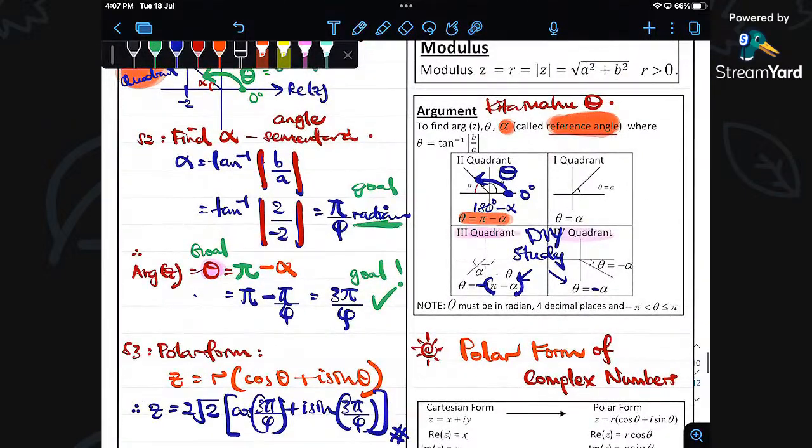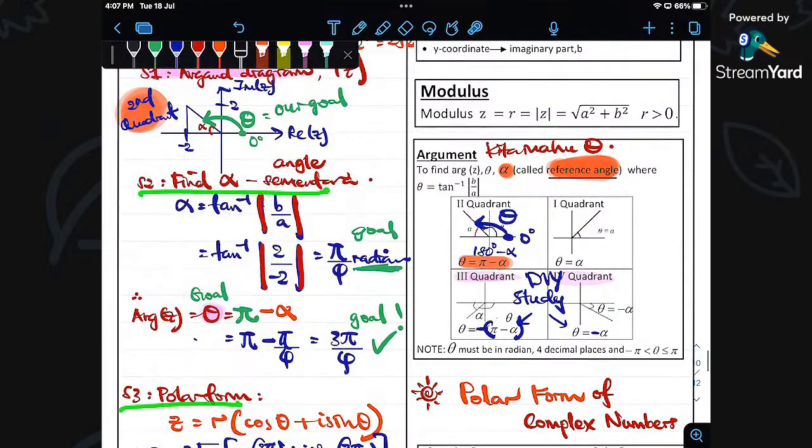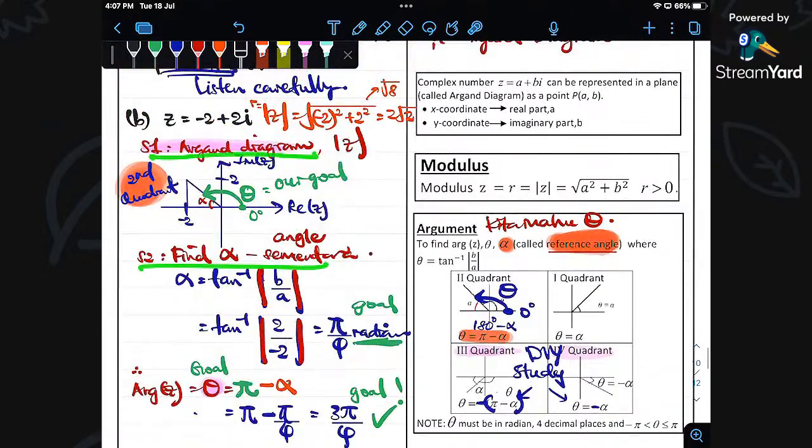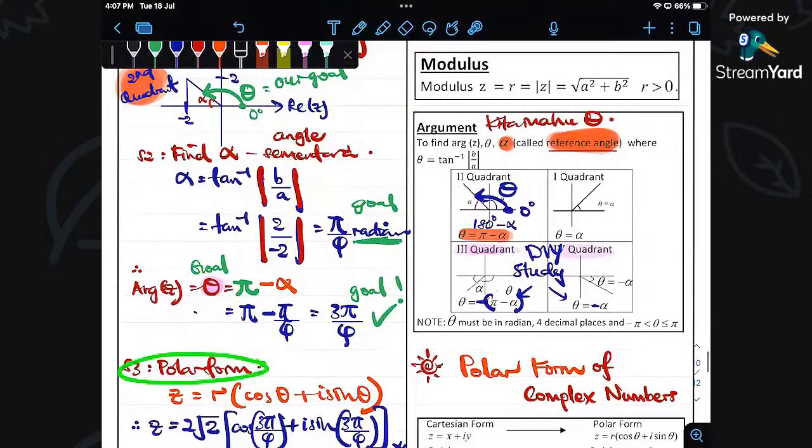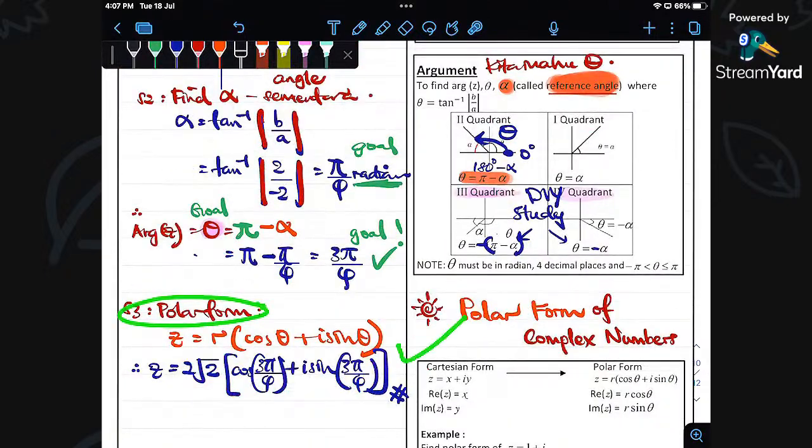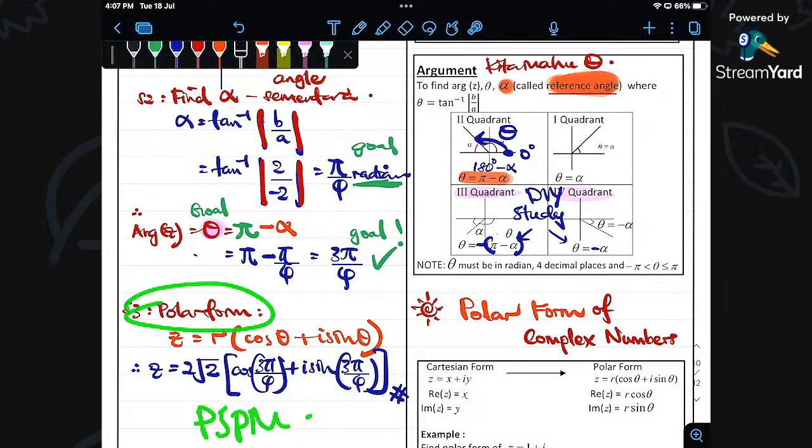Maka itulah 3 step. 3 step penting untuk mendapatkan jawapan polar form. So all these are very famous in PSPM and also in your UPS 1 lah. So UPS 1 dan PSPM nanti confirm akan keluar soalan polar form ini.